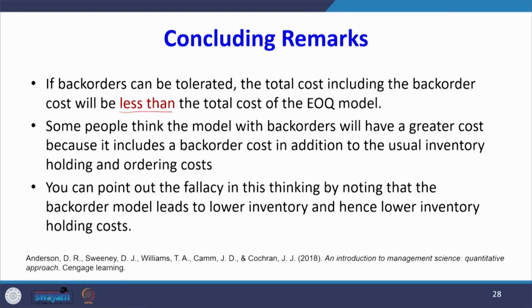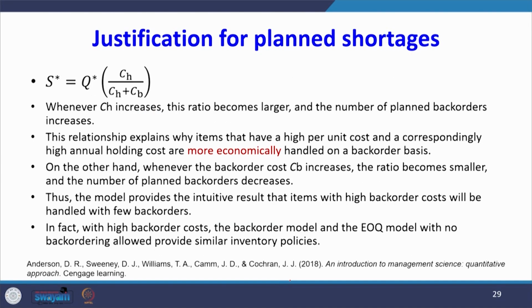Some people think that the model with back orders will have a greater cost, because it includes a back order cost in addition to the usual inventory holding and ordering cost. You can point out the fallacy in this thinking by noting that the back order model leads to lower inventory, hence lower inventory holding cost. I will explain this idea with the help of this expression.